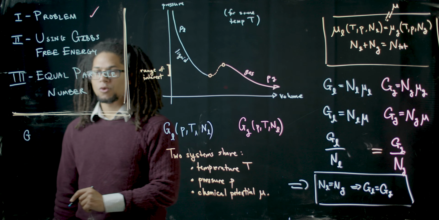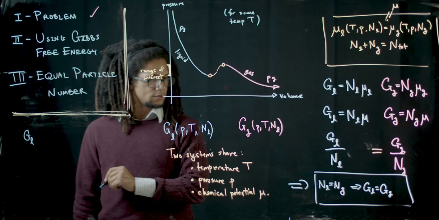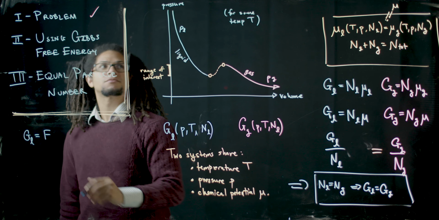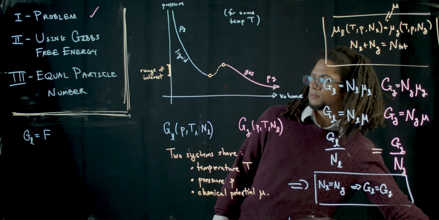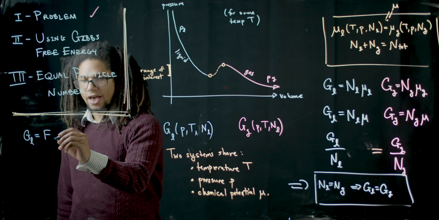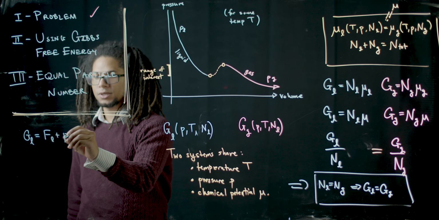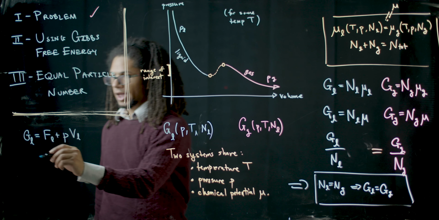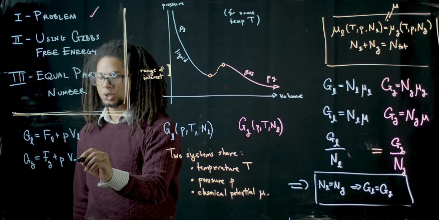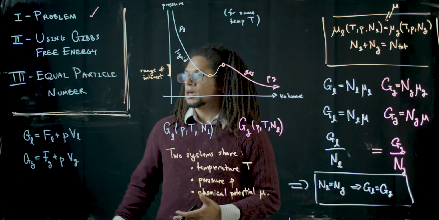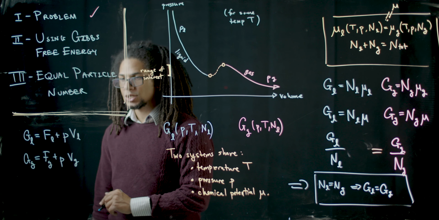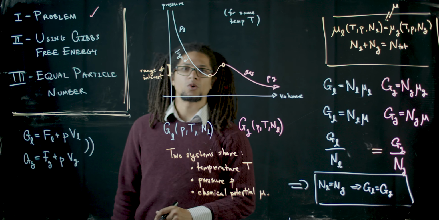Let's remember that G_L is equal to F_L plus P V_L, and G_G is equal to F_G plus P V_G, where the P's are the same in both cases, because again, we're assuming that these are at the same pressures. And G_L is equal to G_G exactly when these two things are equal.